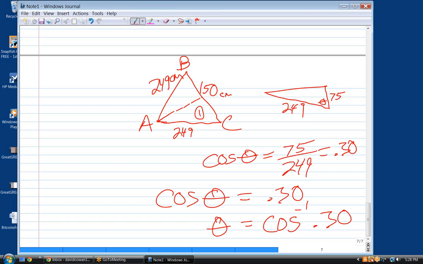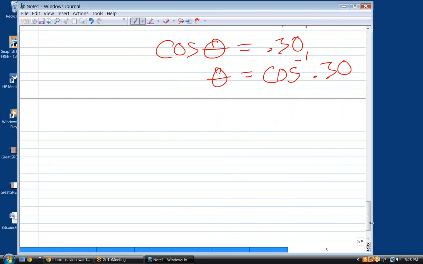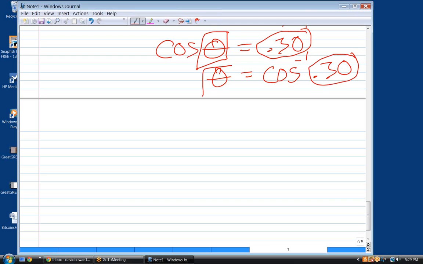You've had inverse trig functions? Yeah. Okay. In other words, what's important to realize here is that when we take the cosine of an angle, we get a number. When we take the inverse cosine of a number, we get an angle.